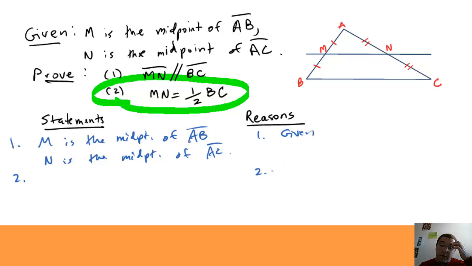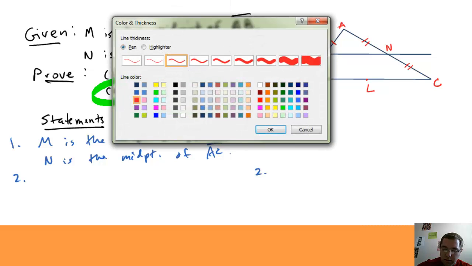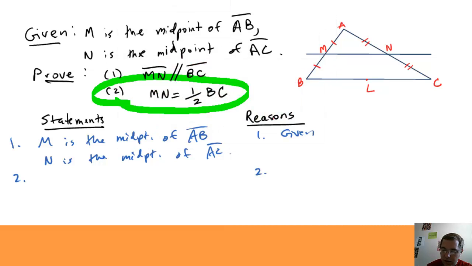So here's how I'm going to prove this. I'm going to find the midpoint of BC. And let's call that midpoint L. And I'm going to draw, and I'll do this in red, draw NL.